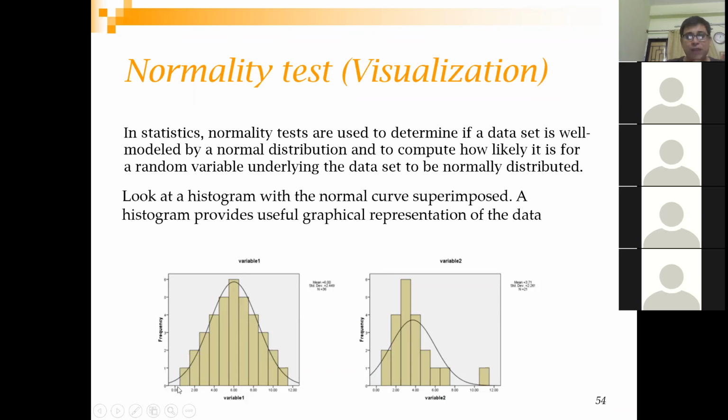This indicates values between maybe 0 to 1, then 1 to 2, this way. And this is proportional to your frequency. Of course, if you find the area of all these rectangles, the area will sum up to 1, because the area under a probability distribution curve is always 1.